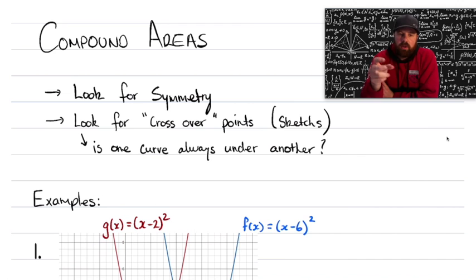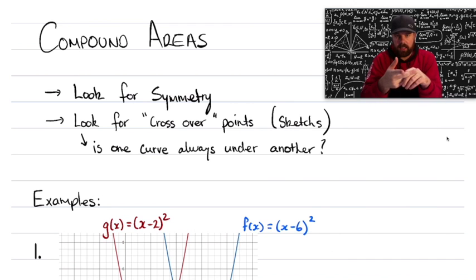We need to be on the lookout for crossover points. Where are our graphs intersecting? Is it going to be a case like with composite areas, I'm putting two different parts together, and am I taking parts away from each other?